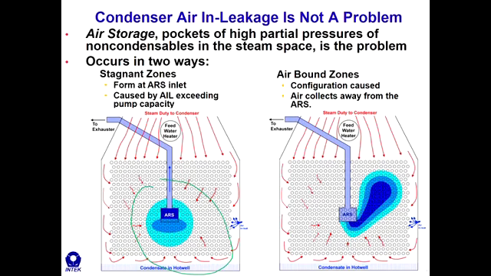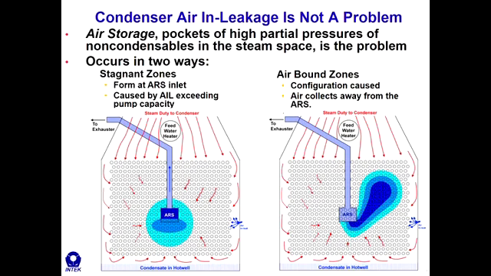If you increase the vacuum equipment capacity by turning on another pump, or decrease air leakage, then this stagnant zone will shrink. So the way to correct excess back pressure from stagnant zones is really maintenance: reduce the air leakage or increase the vacuum equipment capacity.